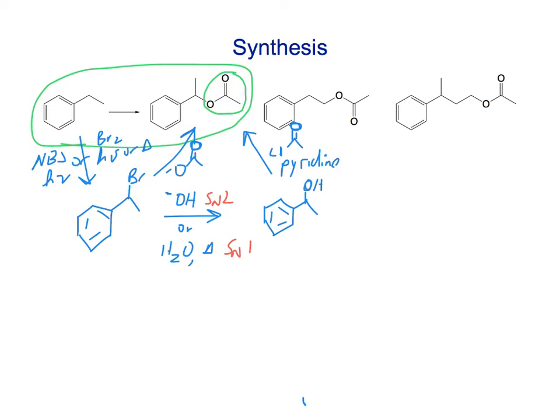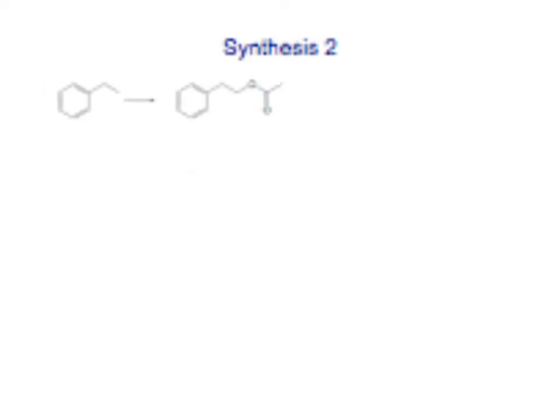Instead of at the benzylic position, we want to do the reaction out at the second position. So we want to do the reaction over here. Can we just brominate there and do our chemistry?